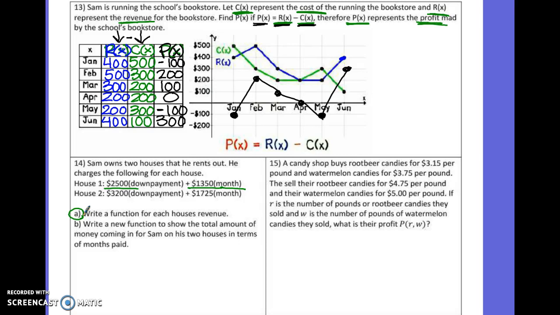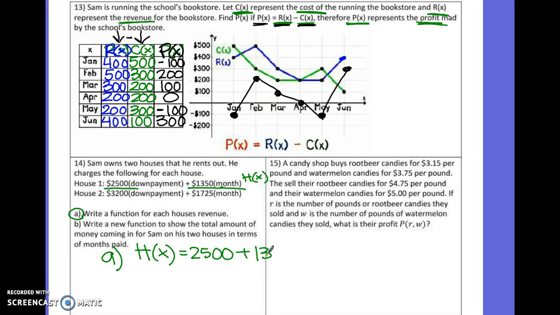So house 1, we'll use h of x for house 1. So this one will be our h. And it says we have a $2,500 down payment, so that's how much money I pay one time, plus, well, this is Sam, right?